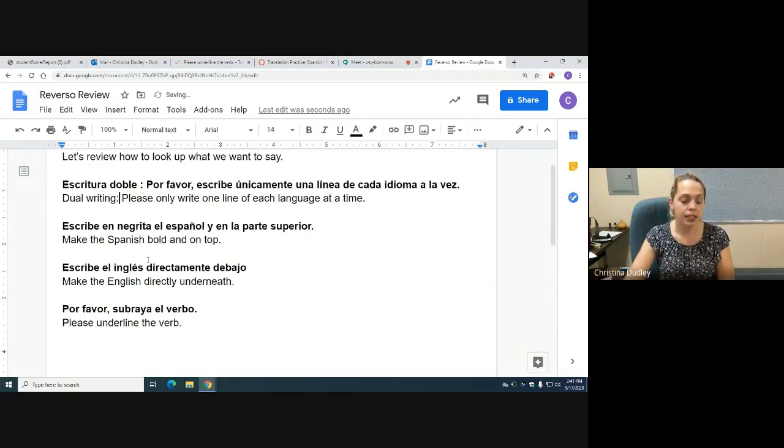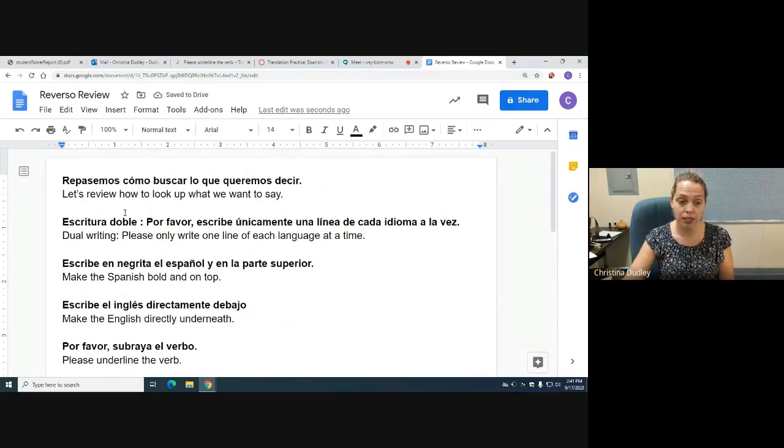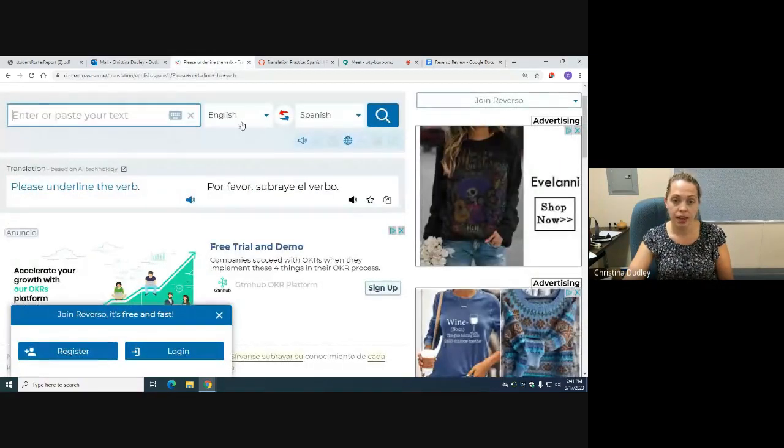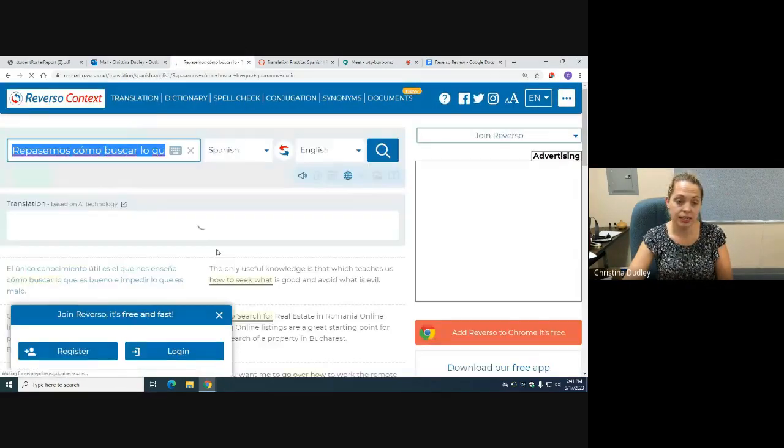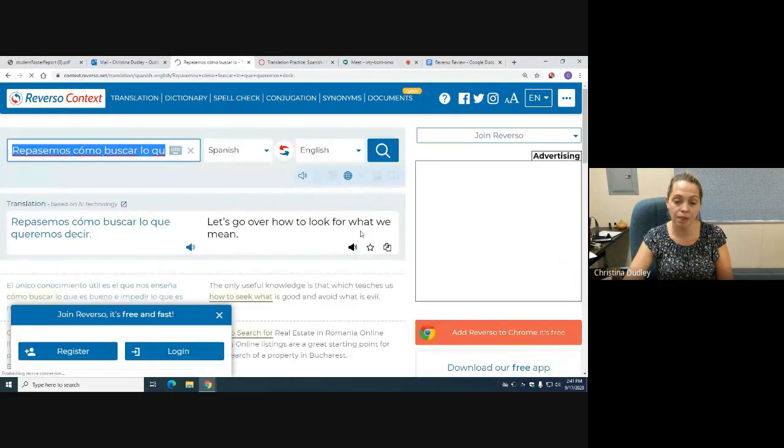Okay. So let's make sure we followed our steps. So let's review. Regresemos con buscar lo que queremos decir. If I wanted to be extra picky, I could go back to Reverso and switch. But it's really important that it's perfect. I can put it in there and I can check to see, does it say, let's go over how to look for what we mean? That's what I'm trying to say, right?